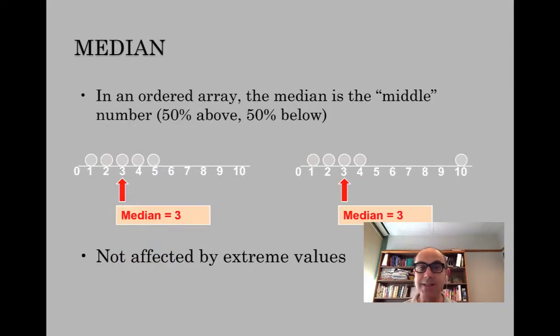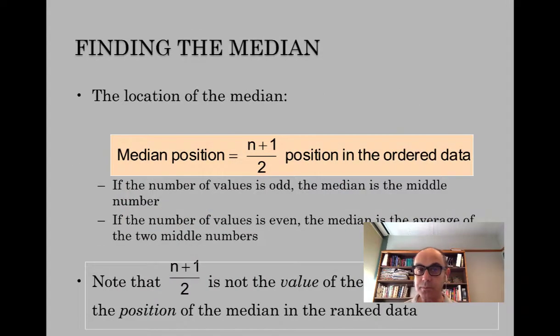The median is the middle number, 50% above and 50% below. So the median is not affected by extreme values. How do we find the median?